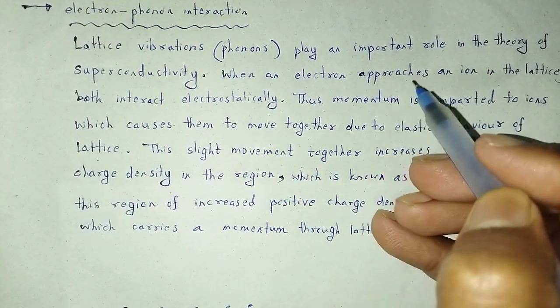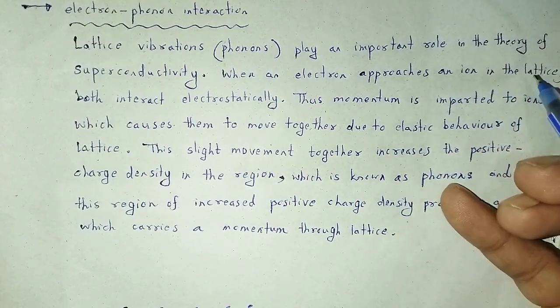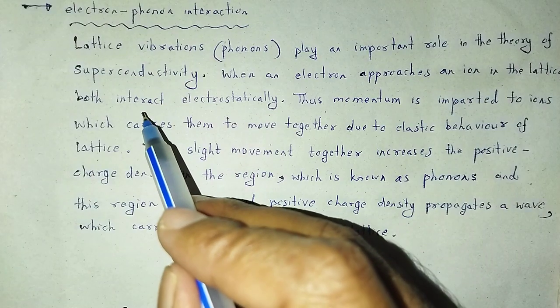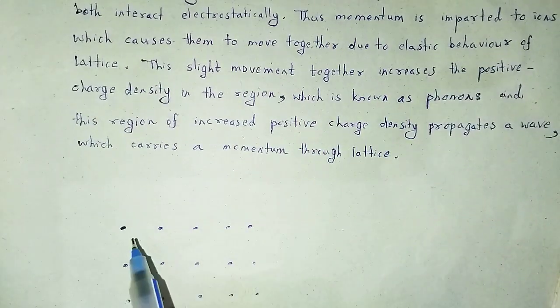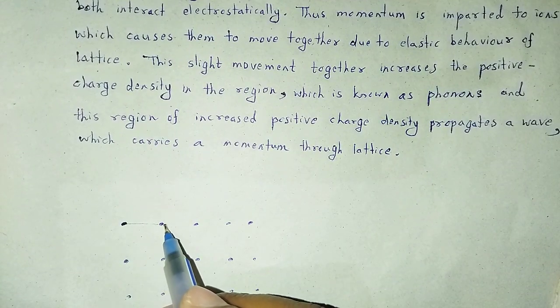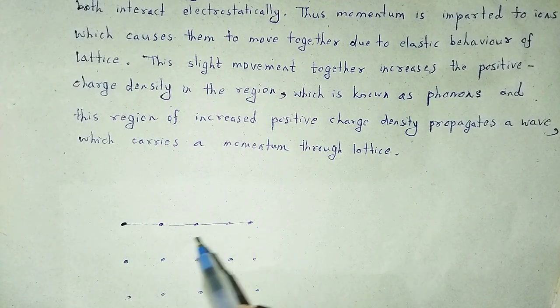When an electron approaches an ion in the lattice, both interact electrostatically.